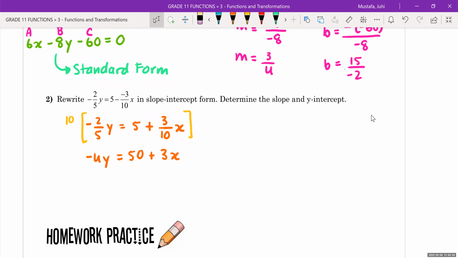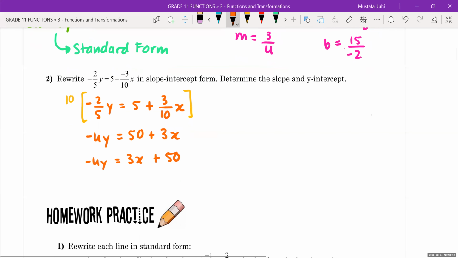I'm going to rearrange this. So it's y is equal to mx plus b. However, our y is not by itself. So how can I get rid of the negative 4 in front of the y? Yep, I'm going to divide every single term here by negative 4.